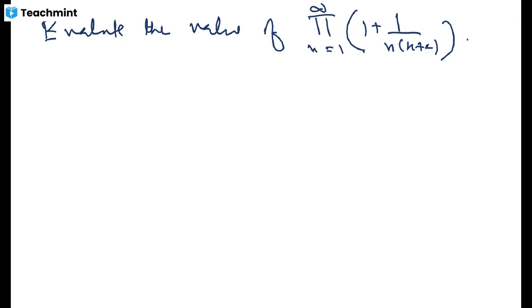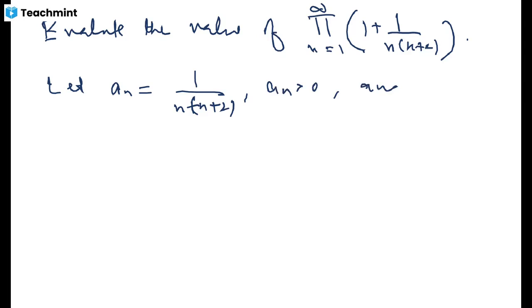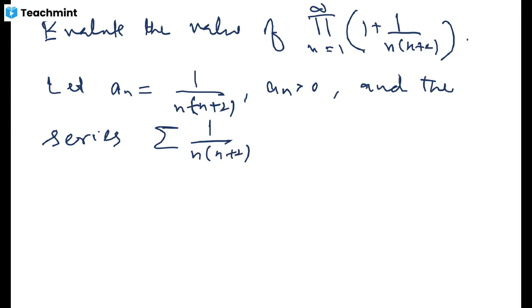So first, before evaluating, you have to establish whether it is convergent or not. If you write it in this form, let us take an to be 1 upon n into n plus 2, then each an is a positive number and you have to check that the series 1 upon n into n plus 2 is convergent.